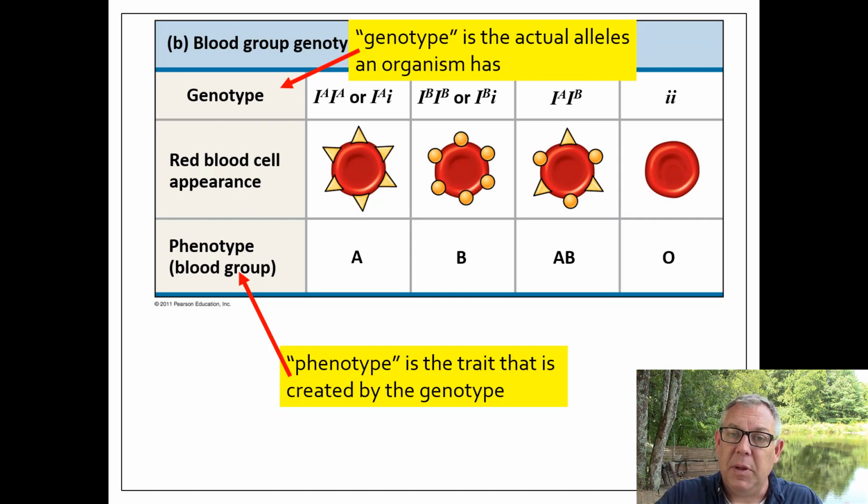The phenotype is the trait created by the genotype. And so if your genotype is two A alleles, your phenotype is type A blood. If your genotype is one A allele and one small i allele, your phenotype is also type A blood, and so on. And you can see the different examples in this table.